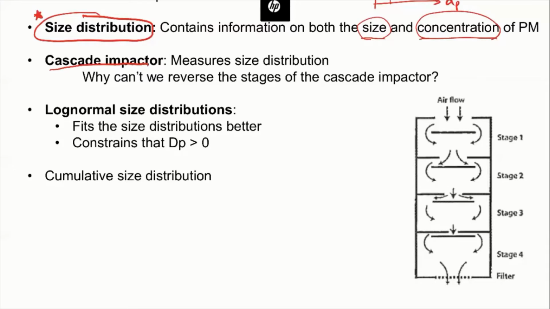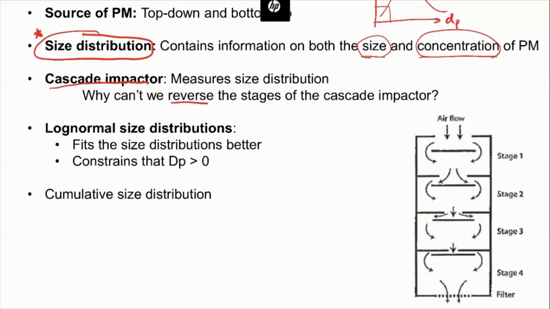So then we have a question. Why can't we reverse the stages of the cascade impactor? Let's say we put stage 4 at the top, then stage 3, 2, and 1. Let's do a quick poll to see why we can't do that.